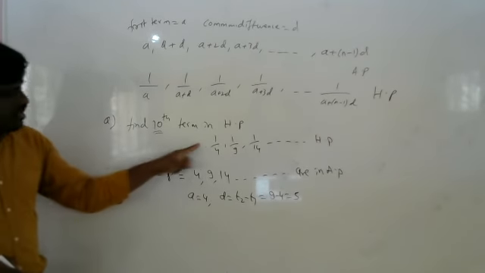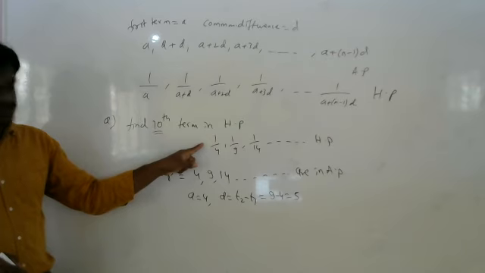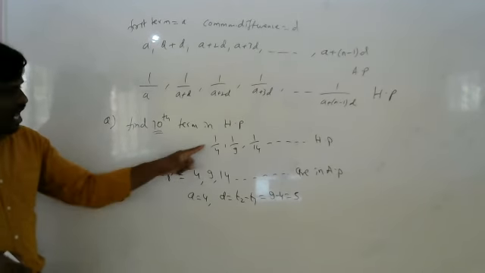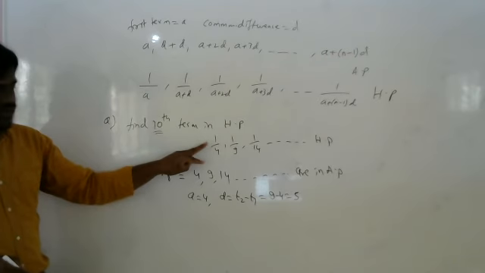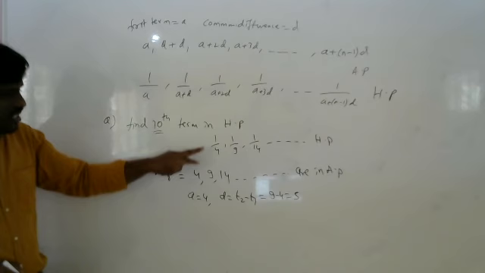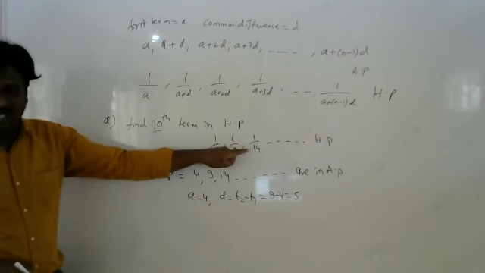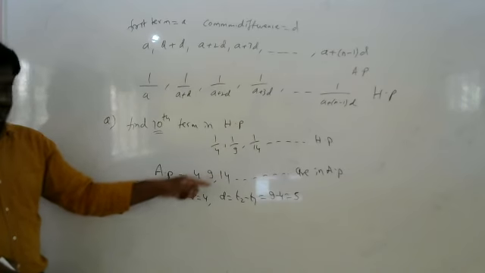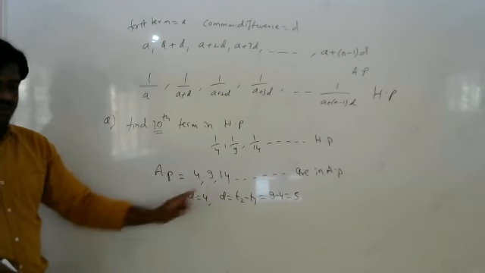When an HP is given, take the reciprocal to get an AP. So A is 4, D is 5.